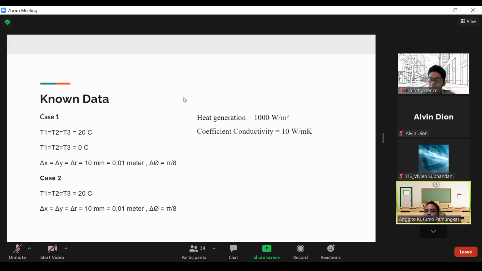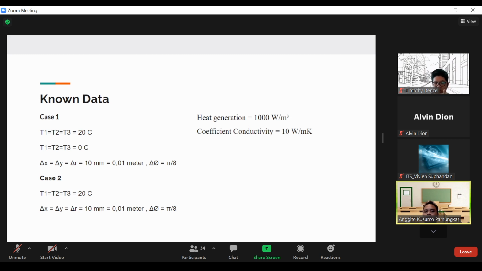The known data for case one: we assume that T1, T2, and T3 at the bottom of the rectangular are 20 degrees Celsius. Delta X, delta Y, and delta R are the dimensions of each nodal.